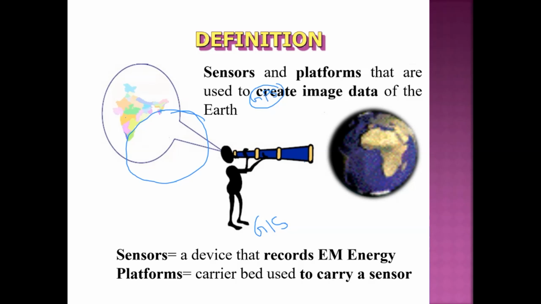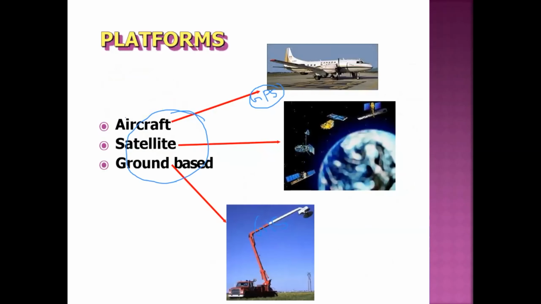Different types of platforms are there: aircraft, satellite, and ground based. Nowadays drone culture is emerging in agriculture also, and that is also ground based. In drones there is a sensor. So these are the different types of platforms.